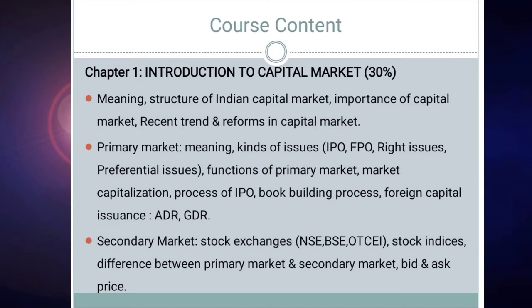Then primary market, meaning various types of issues in the primary market, functions of the primary market, IPO and book building process, and foreign capital issuance process. Then secondary market, various secondary markets, NSE, BSE, OTCEI, stock indices, and the difference between primary and secondary market.